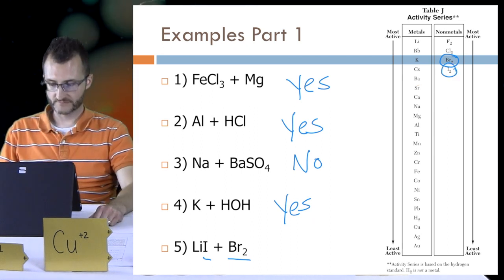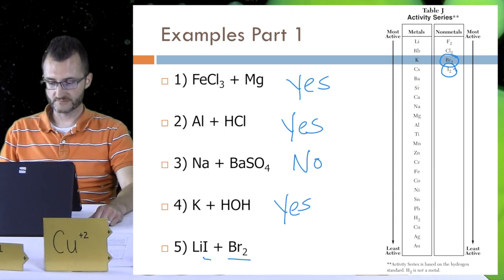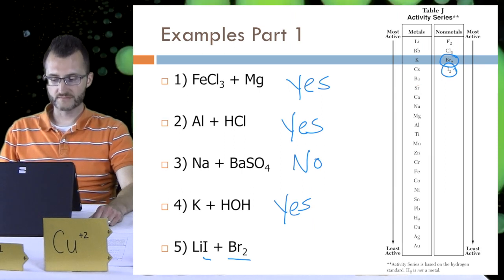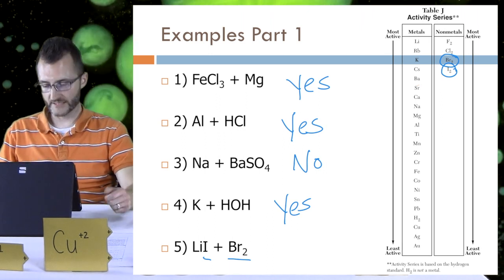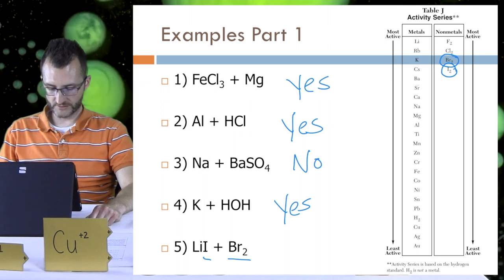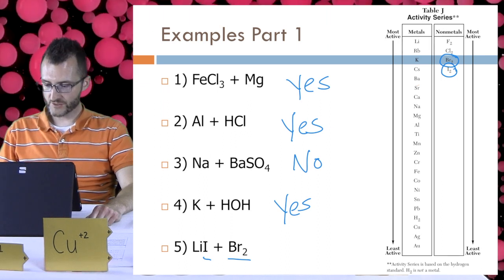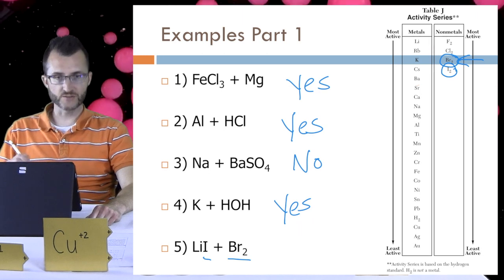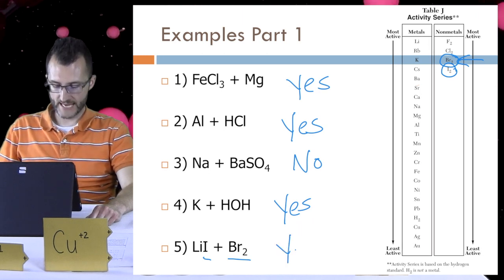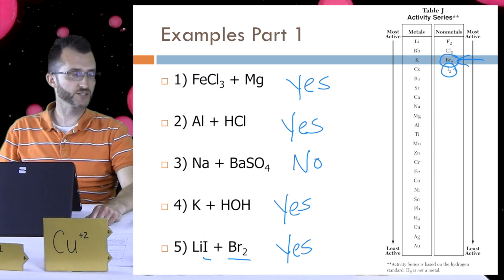It's an element, so on the chart, they write them in their elemental forms as diatomics, F2, Cl2, Br2, and I2. Obviously, with LiI, it's in a compound, so it's not diatomic. All right, so it looks like Br2 is higher up than I2, so that means Br2 would replace in the compound. So yes, there would be a single replacement reaction occurring.